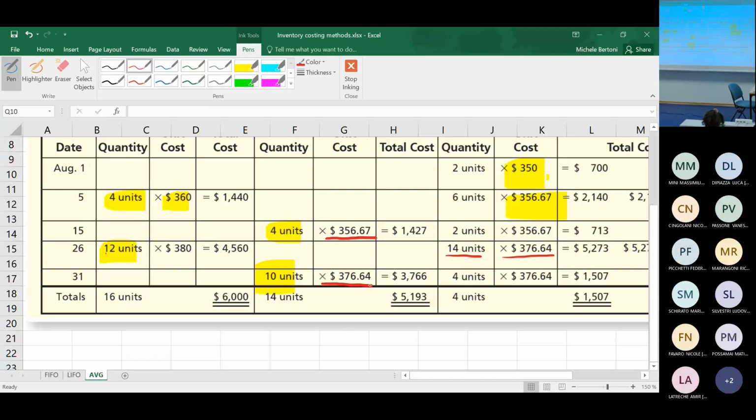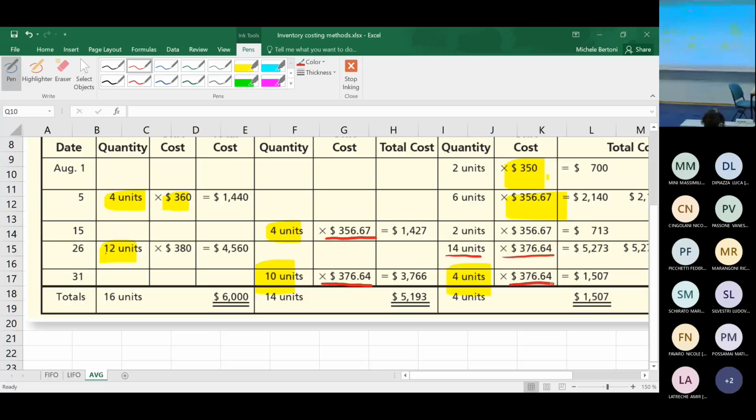So you can observe we have 2 different values for the average cost, because the average cost per unit changes as we purchase new units. So in the perpetual system, you need to recalculate the average cost after each purchase, which is not really a simplification, right? But you have to do this for each purchase. Eventually, the 4 units left in the inventory will be based on this average cost, so their value will be 376. So that's the value of the ending inventory.